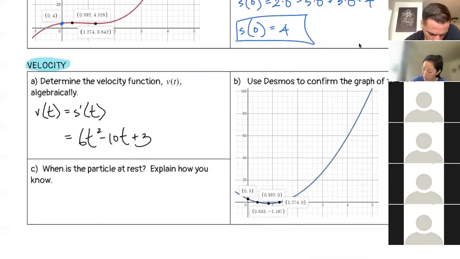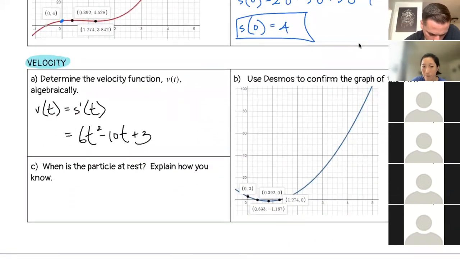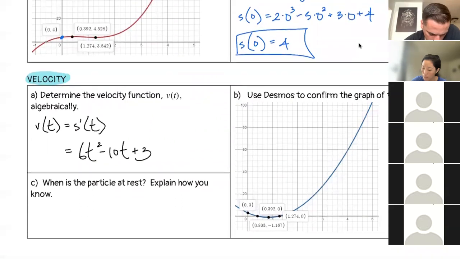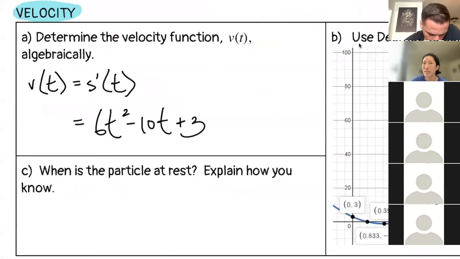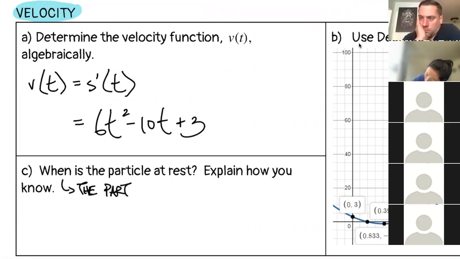So that's where this idea of a derivative comes in, right? Because when a particle is at rest, is it moving? No, it's not moving. So when a particle is at rest, the particle is not moving.